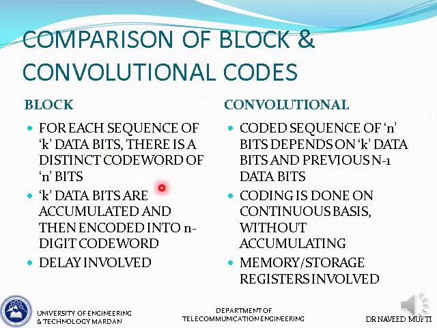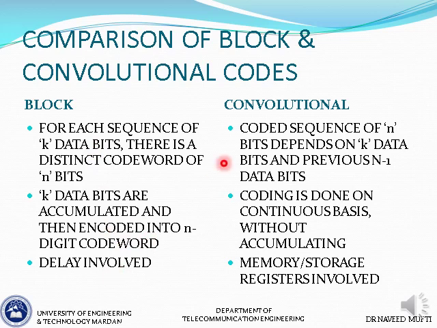So the k data bits are first accumulated and then encoded into an n digit code word. So obviously you can expect that there is a bit of delay involved, because unless we have k data bits, we cannot come up with an n bit code word.